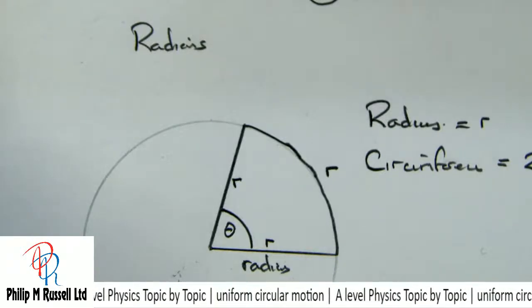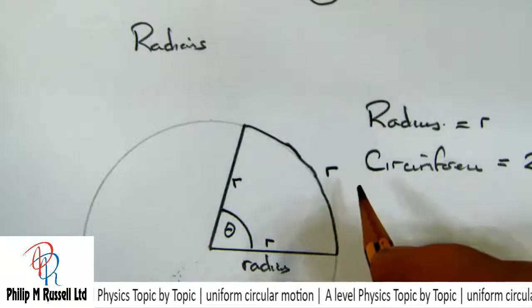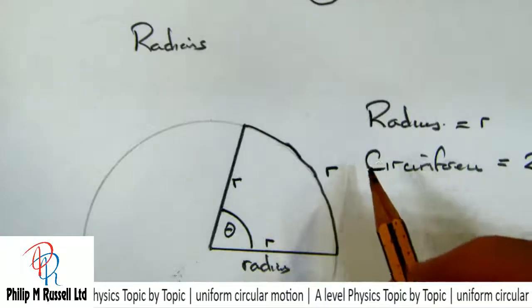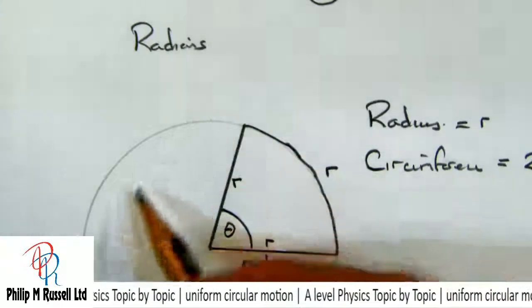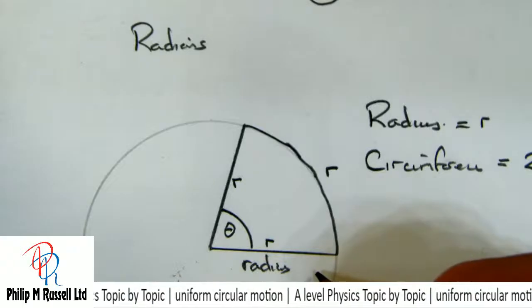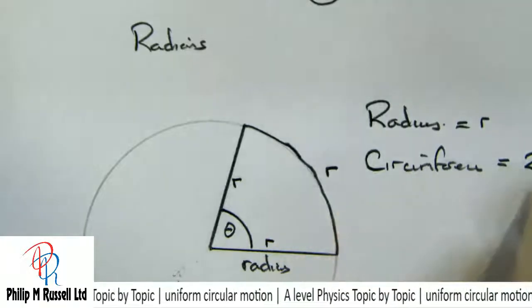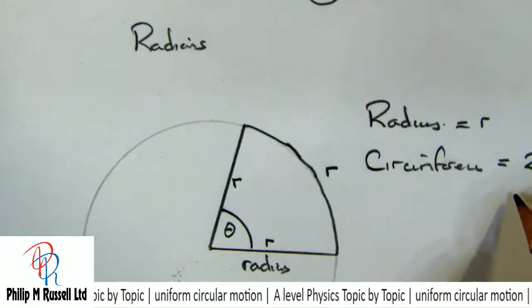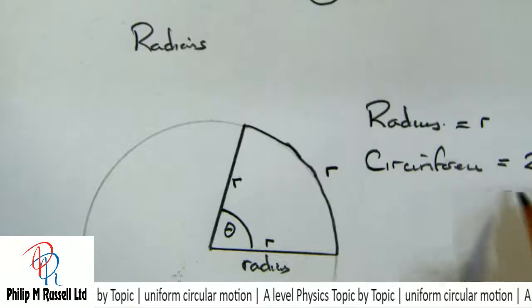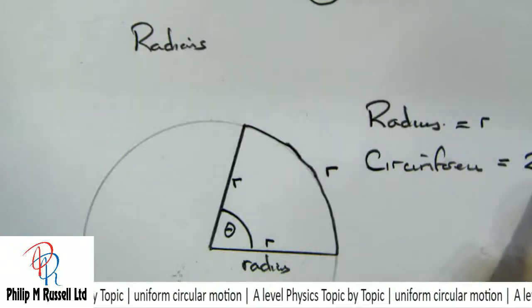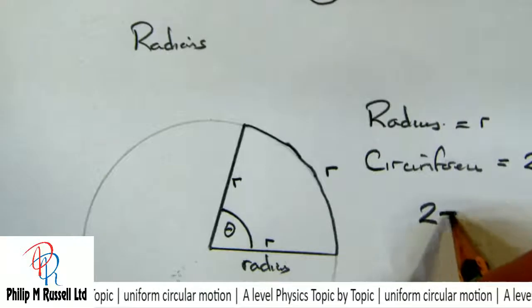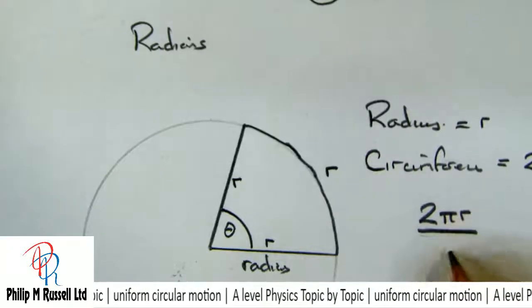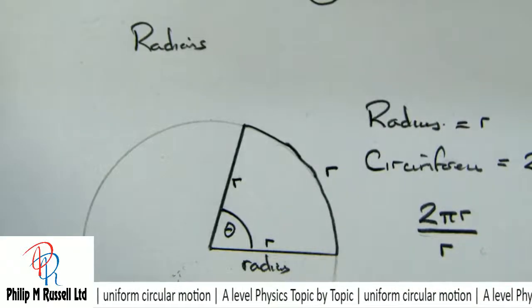So if we work out what the angle of a whole circle would be, we can use that to work it out. It's going to be 2 pi r divided by r.